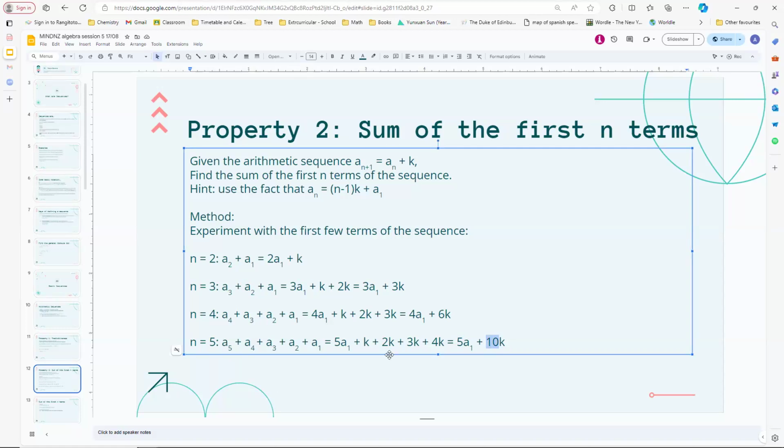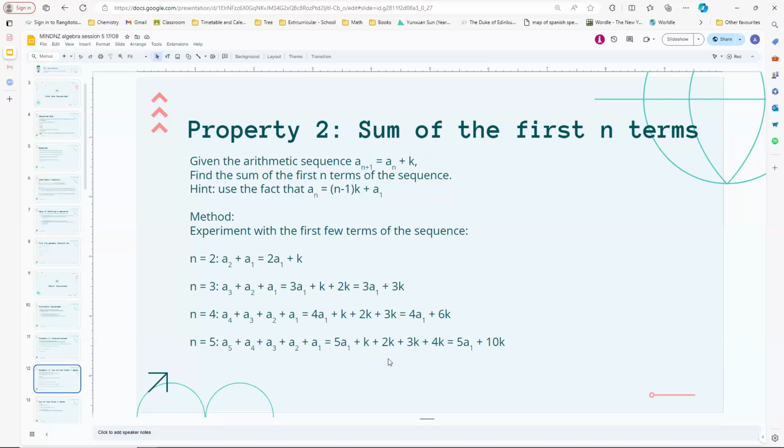Because for each larger term, the coefficient of k gets one larger, so it goes from 1 to 2 to 3 to 4. You sum those up, and you get the fourth triangular number, which is 10. So you have 10k for n equals 5. So for a general n, the coefficient in front of the k is the n minus 1th triangular number.